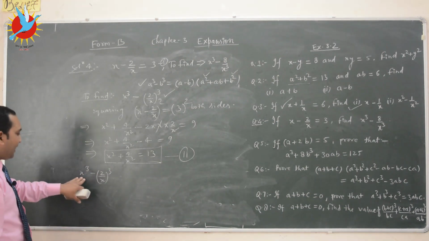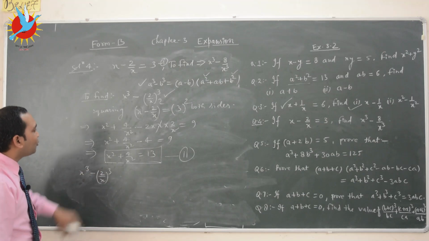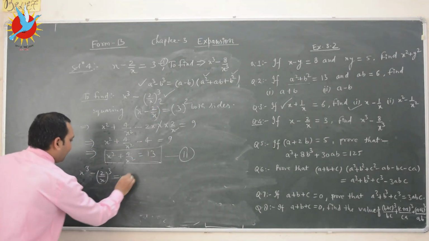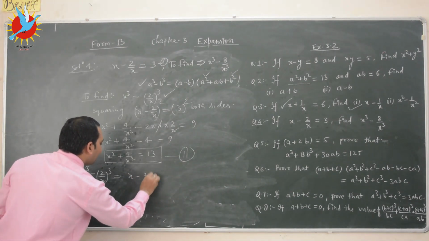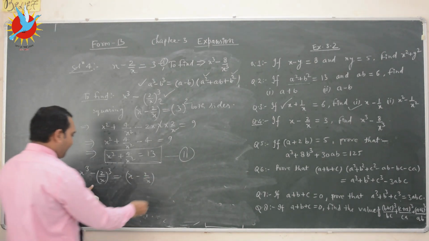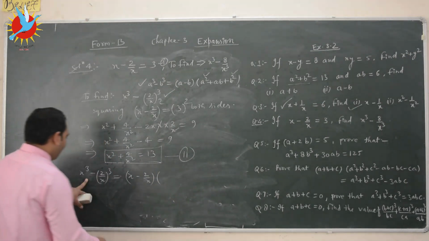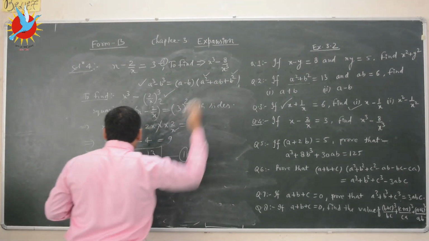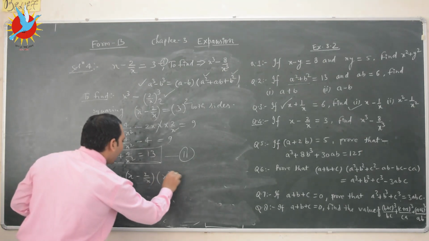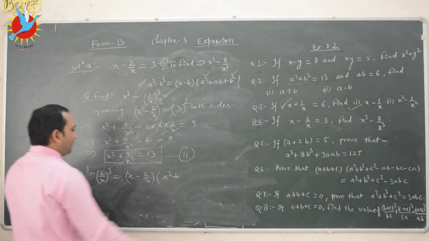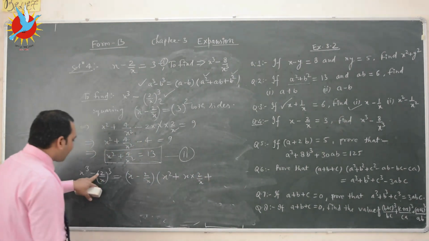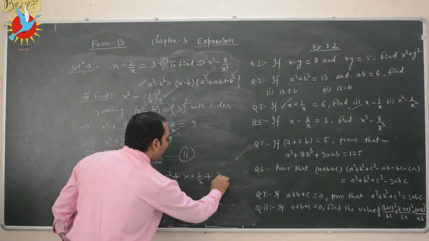This is x cube minus 8 upon x cube, and we write the formula a minus b, meaning x minus 2 upon x. This is a minus b, and the other factor is a square plus ab plus b square. So a square, plus ab means x into 2 upon x, plus b square, 2 upon x whole square.